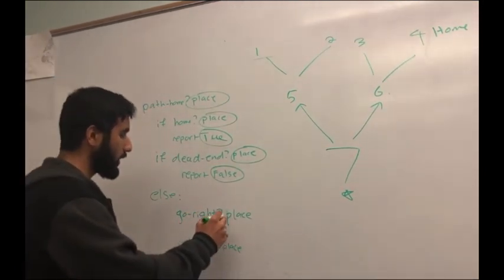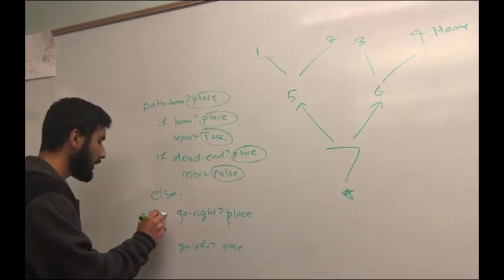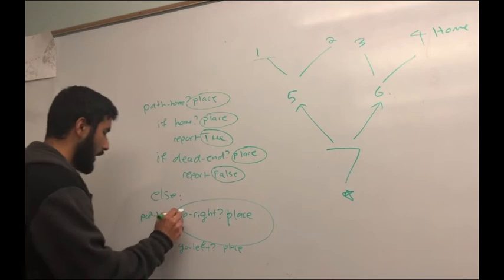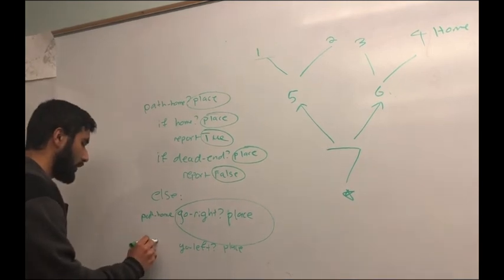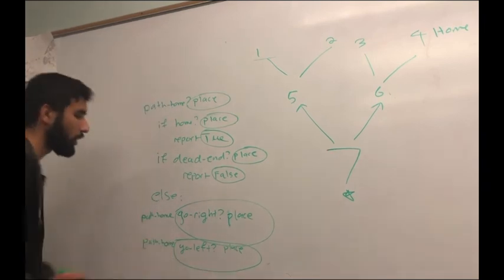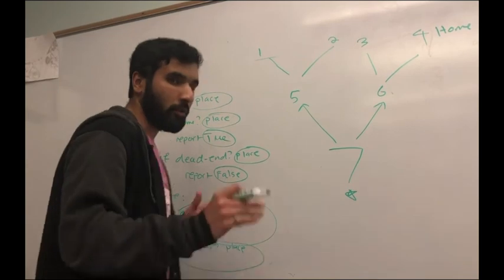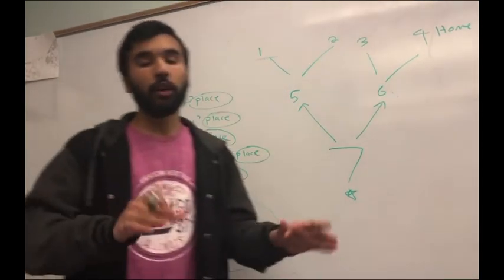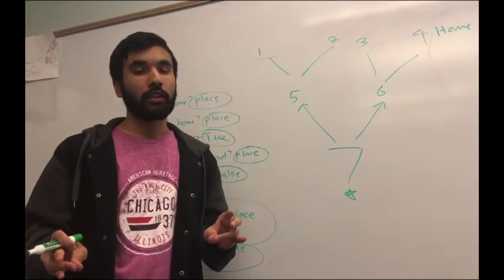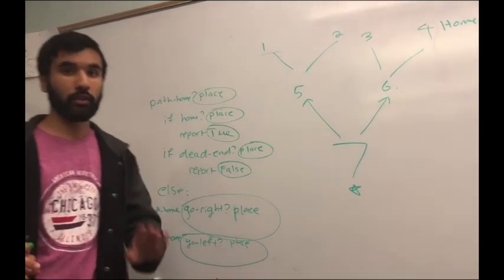So we can call path home on go right place and on go left place. That is the leap of faith, because essentially you just want to know, if I start at a certain place, I can either go right or I can go left. From either of those places, can I get home? And you call your recursive function in order to do that.